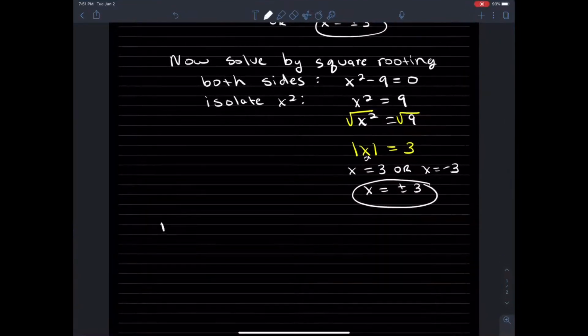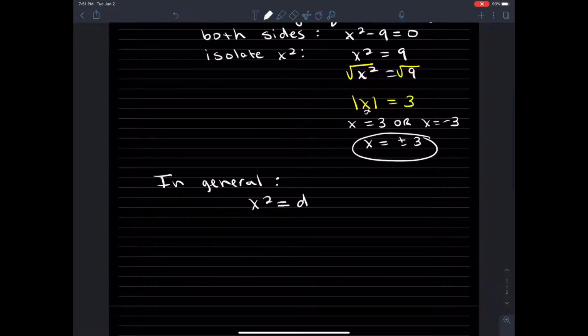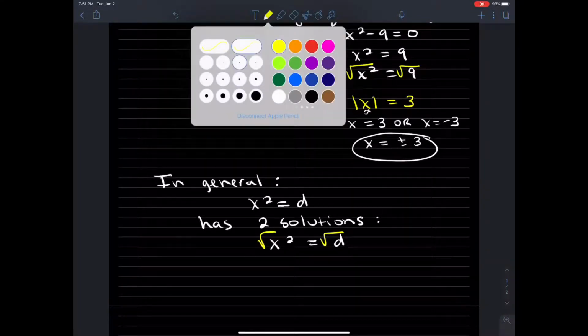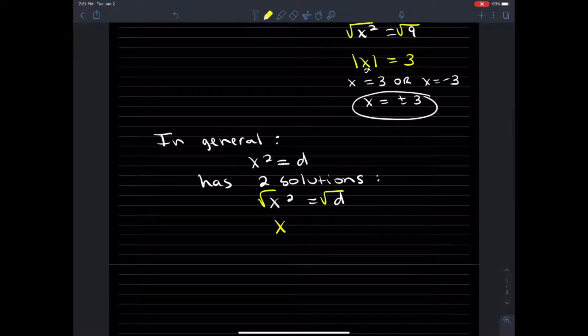In general, we have x squared equals d, some number d. It has two solutions. When we take the square root of both sides, we just know this is plus or minus the square root of d.